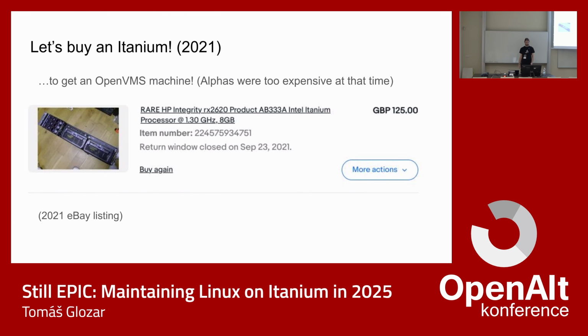And to get an OpenVMS machine, OpenVMS was not ported to x86 yet at that point. It only ran on Alphas and on Itaniums, and Alphas were too expensive at the moment because of the historic value of DEC, retro computing and stuff. But I managed to buy an Itanium server in 2021.